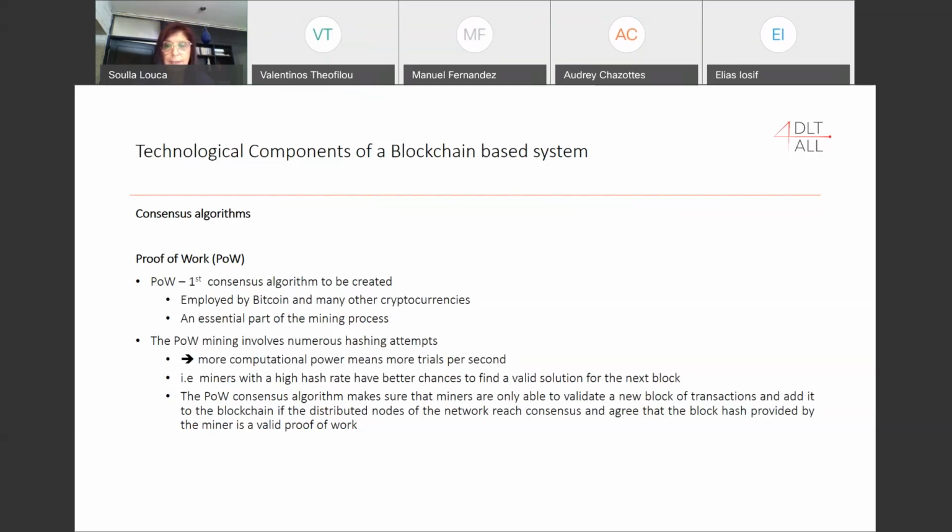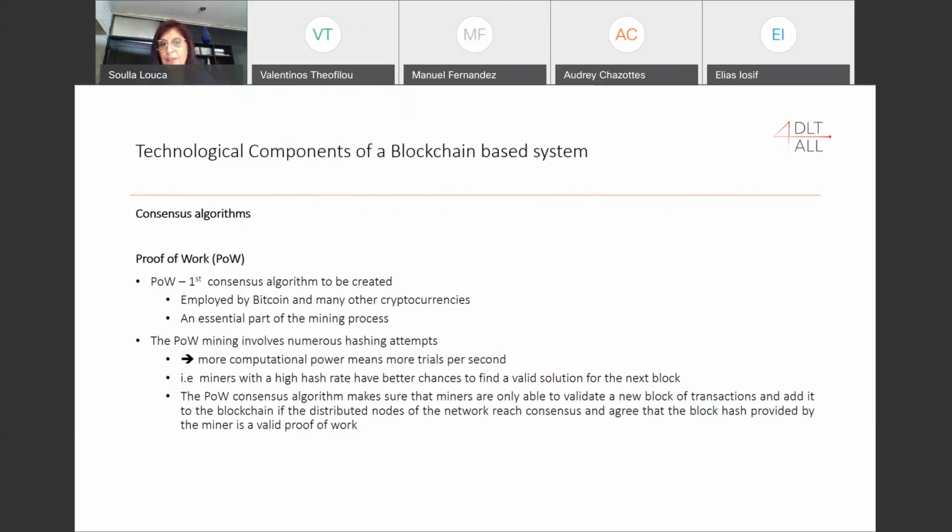It is an essential part of the mining process, and it involves a large number of hashing attempts. Lots of hashing attempts means, of course, a lot of computational power that needs to be consumed. So miners with a high hash rate have better chances to find a valid solution for the next block.